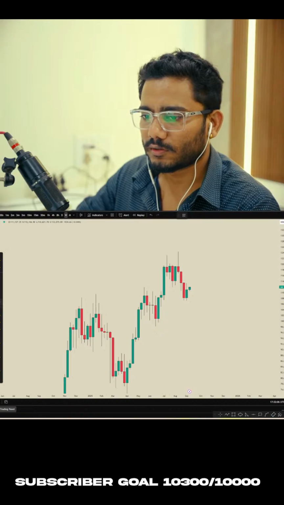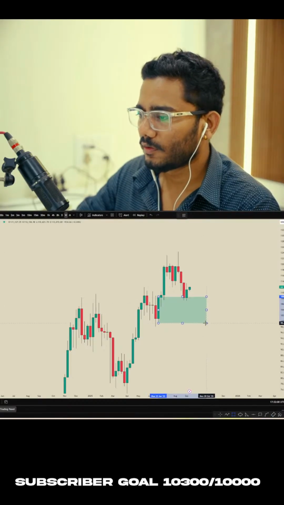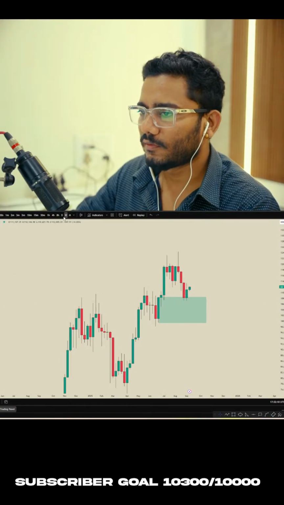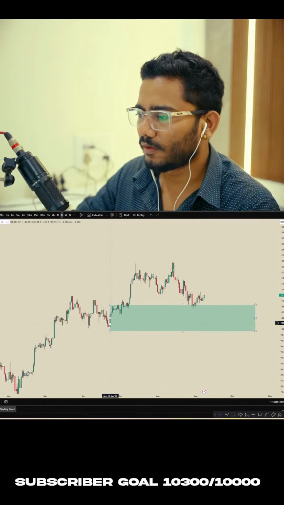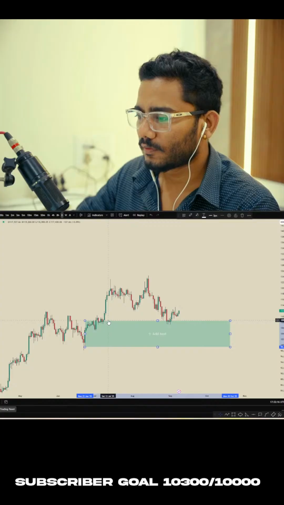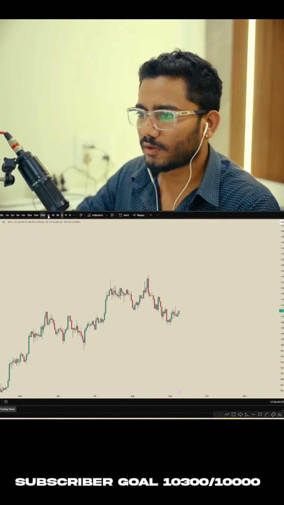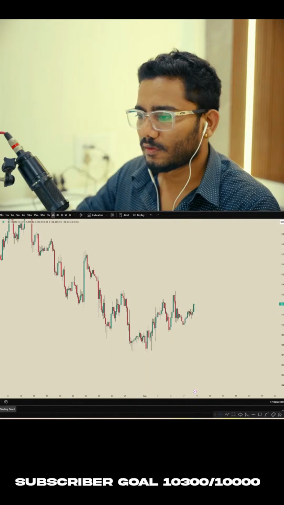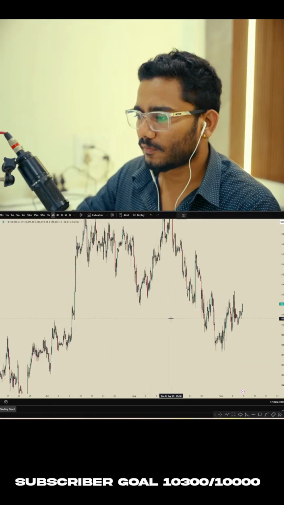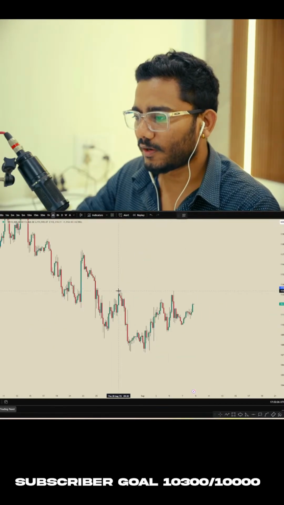If you look at this area, price has tapped and created this wick, like this structure which went to the upside, and it should continue, I think. Let's go to lower time frame. Here, it can continue upside, but right now the trend is to the downside.